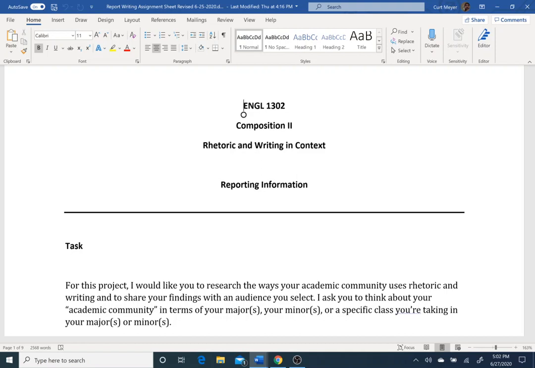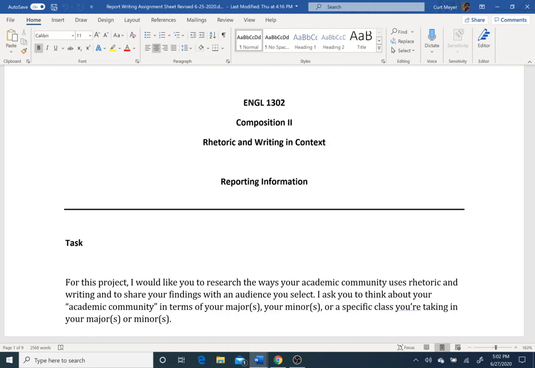Okay, so the first purpose of having gone through the process of creating your annotated bibliography is to apply it to the report. So yes, ideally what you're going to do is use the information that you have compiled with your annotated bibliography to help you create your report.